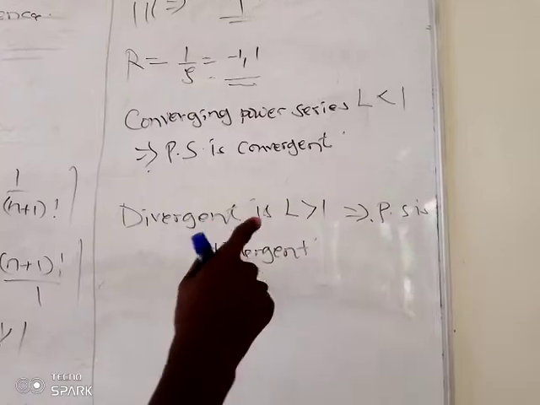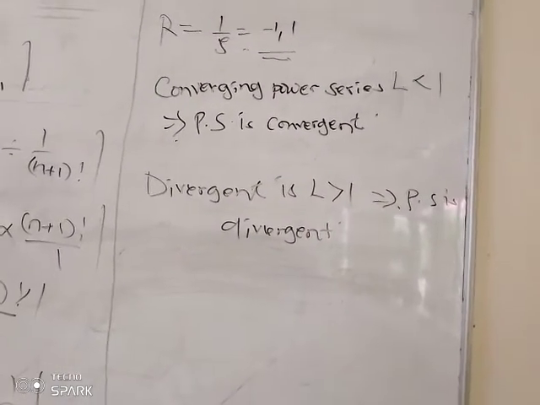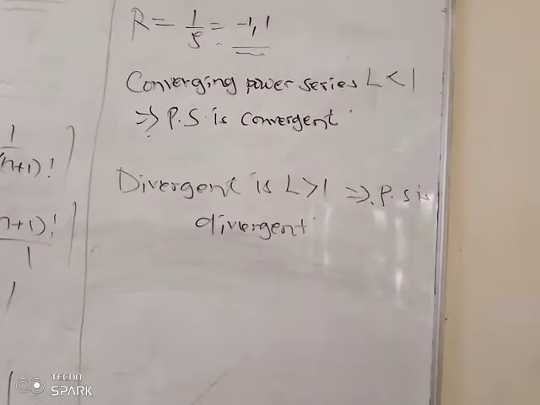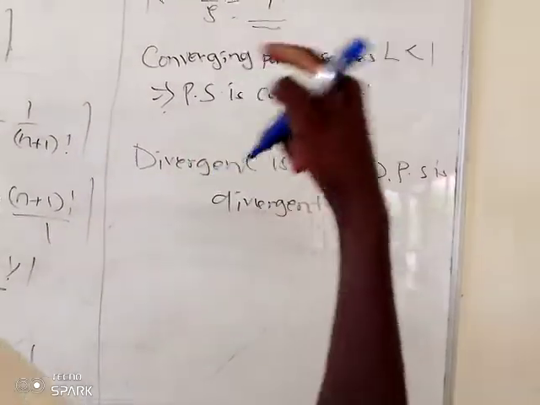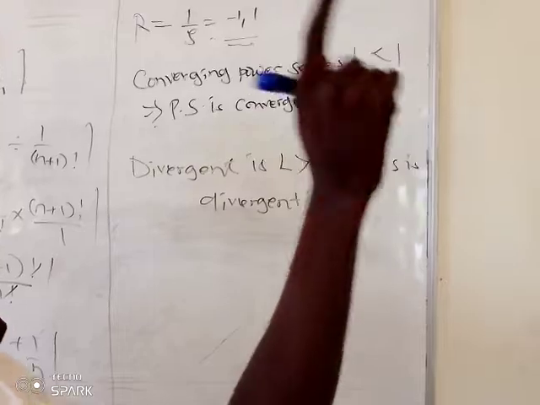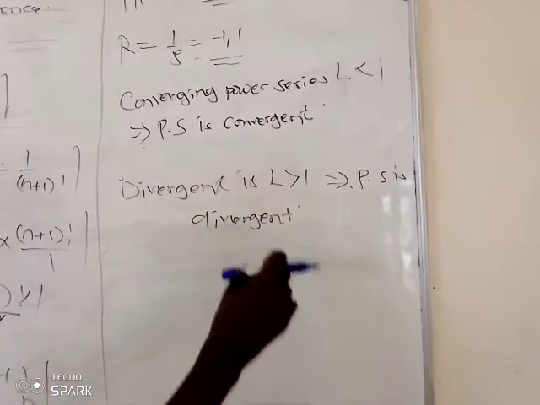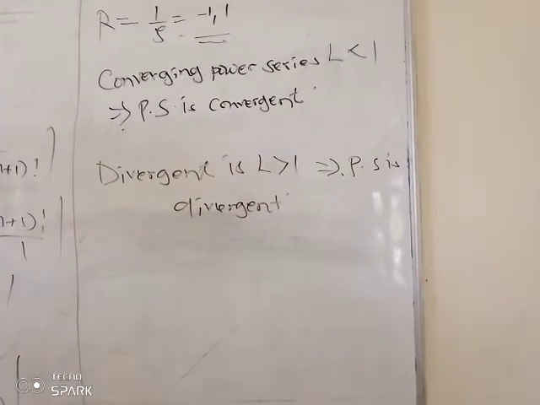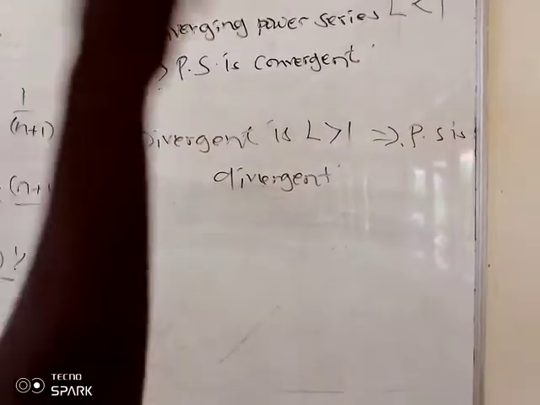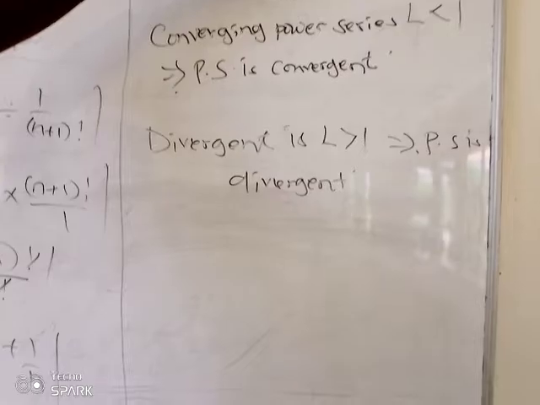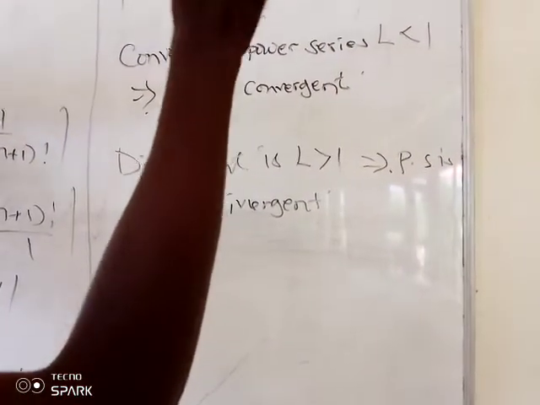If L is greater than 1, then the power series is divergent. And for L to be greater than 1, we say any value greater than 1, which is 1 point something all the way to infinity, then the power series diverges. Now that we have gotten our R to be exactly 1, it can be 1 absolute, which means it can be negative 1 or 1.